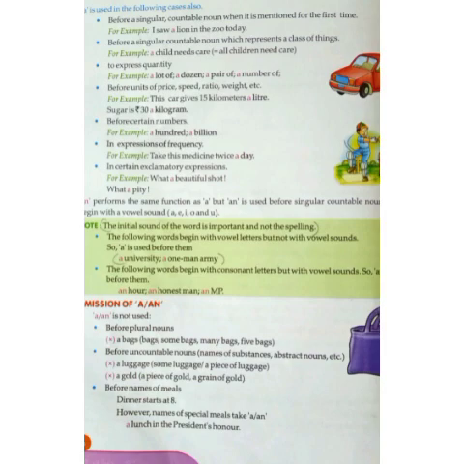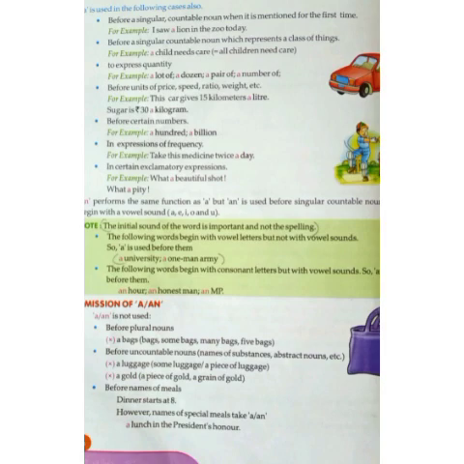I can use such words, but not "a bags". That is completely wrong. The second point is that we cannot use a before uncountable nouns. There are certain nouns which we cannot count, like names of substances, or abstract nouns. Now, luggage.